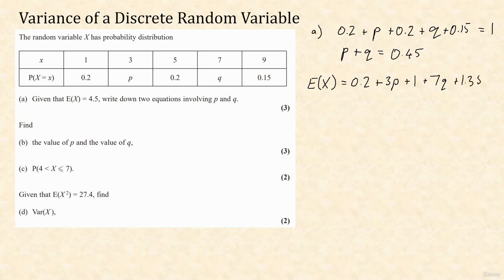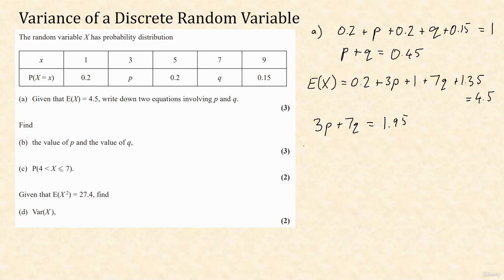And I'm told that all of that is equal to 4.5. If I neaten this up, I get 3p plus 7q is equal to 4.5 minus all of the numbers I had left over. So minus 1.35, minus 1, and minus 0.2, and that's 1.95. So there's part A done.